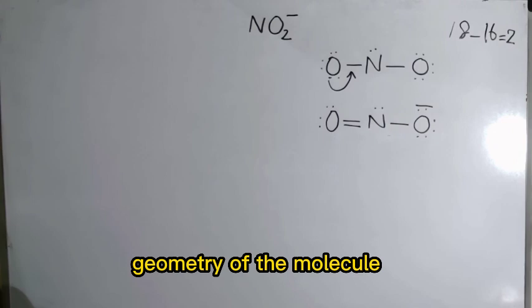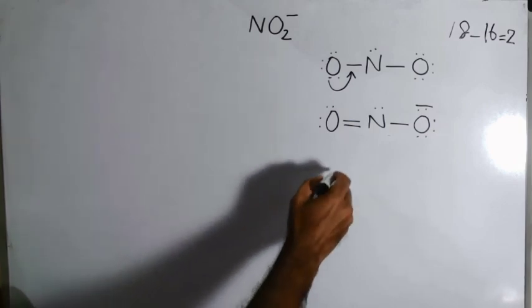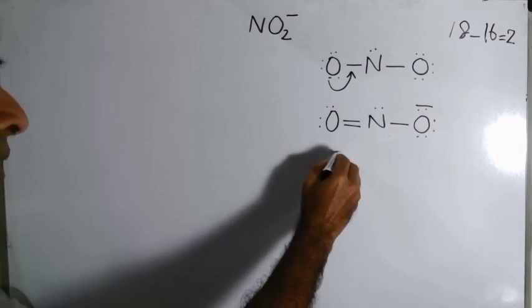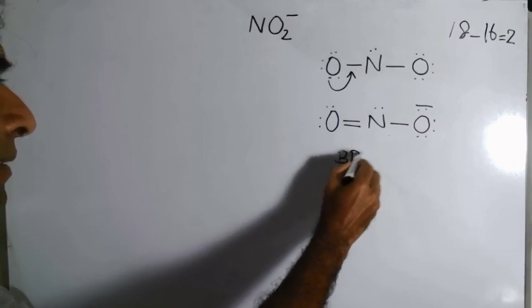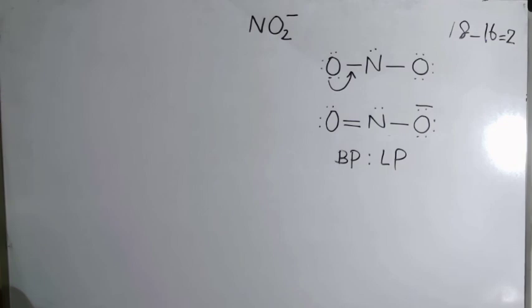Now we describe the geometry of the molecule. This nitrogen atom has a lone pair of electrons. So there is a repulsion between the bonding pair electrons and the lone pair electrons. It is a strong repulsion.